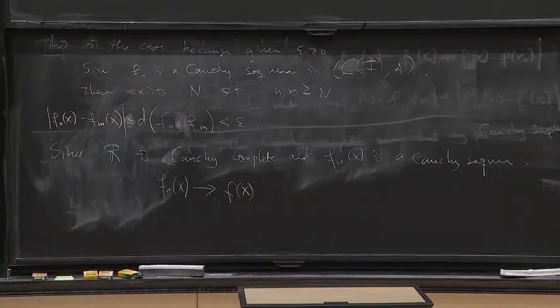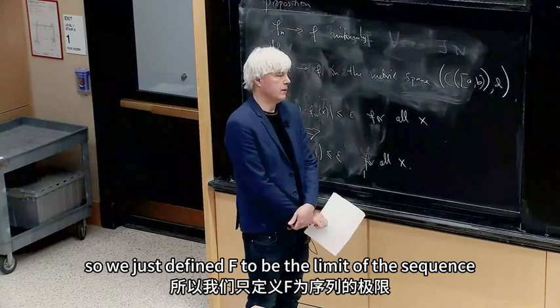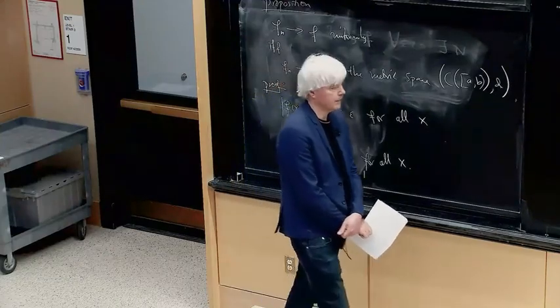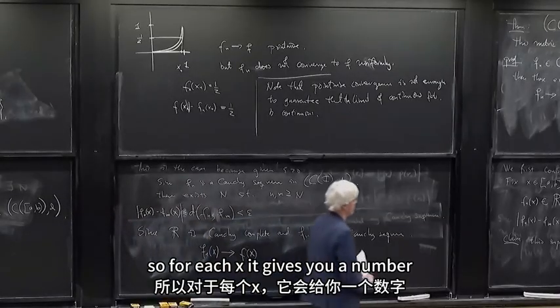So we just defined f to be the limit of this sequence, and that's well defined because for each x, it gives you a number.